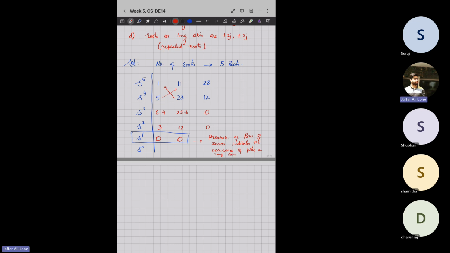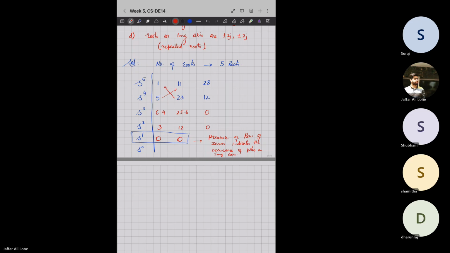So if you have a row of zeros, that means there are some poles on the imaginary axis, irrespective of whether the poles are simple or repeated, you don't care. But for the time being, whenever you get a row of zeros, it means there are some poles which are on the imaginary axis.